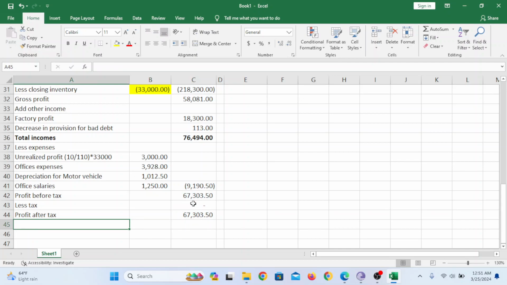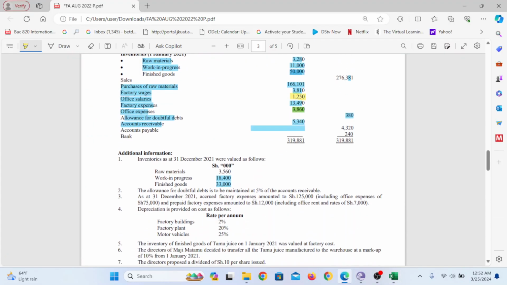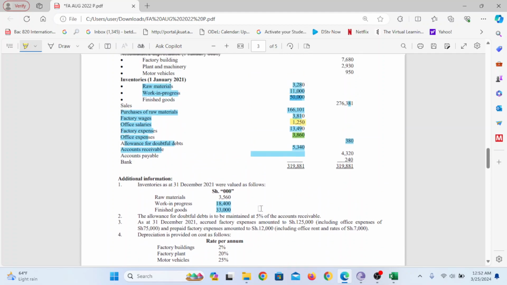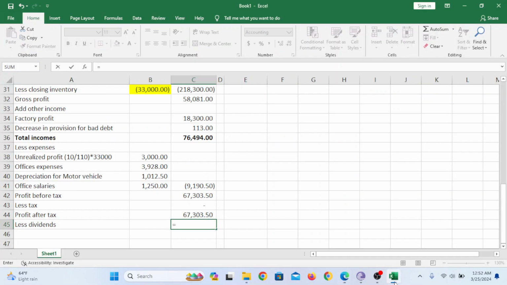Then we need to less dividends. For dividends, you come to the question here. There was note number 7: directors have proposed a dividend of 7 shillings per share. How many shares do you have? We have 40,000. So we knock off the 3 zeros because we're cancelling, and then times 10. So that is 240 and then times 10.